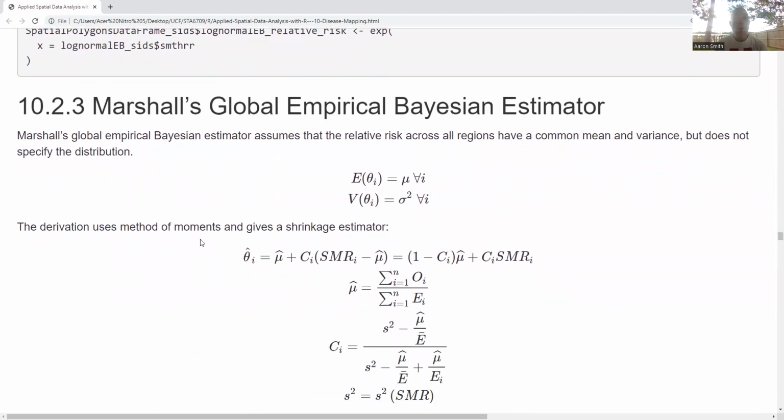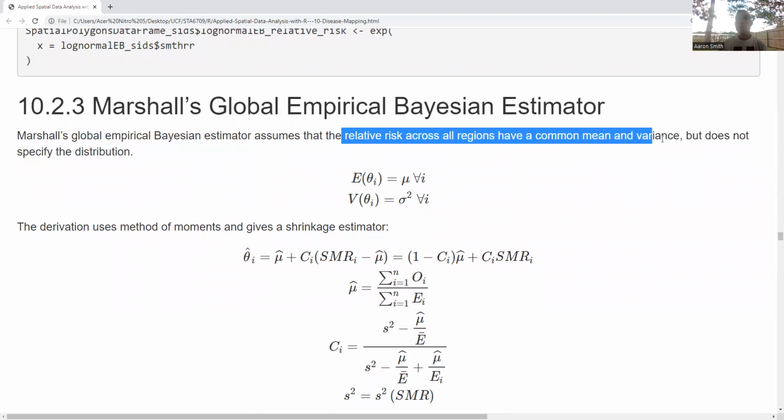All right. Now, Marshall's global empirical Bayes estimator, what this is going to do is assume that the relative risk across all regions have a common mean and variance, but does not specify the distribution. Okay, so this will be a little bit more flexible.